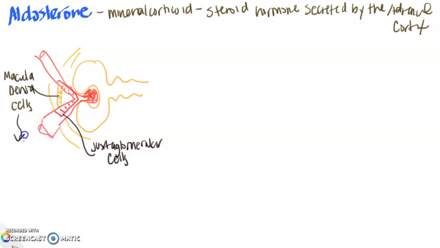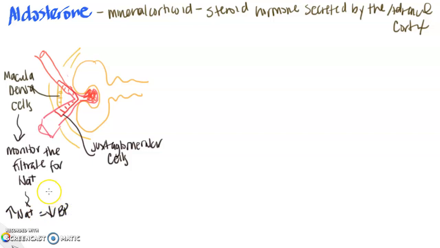So macula densa cells, don't forget, monitor the filtrate for sodium. And when they see that sodium is too high, that means so high sodium in the filtrate means low blood pressure in the body and low blood volume.